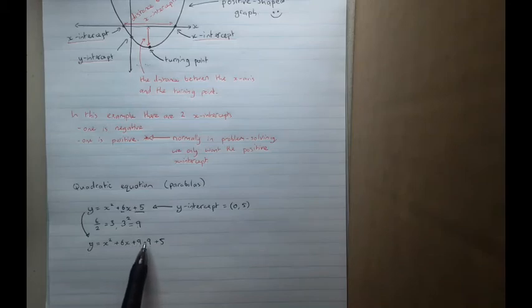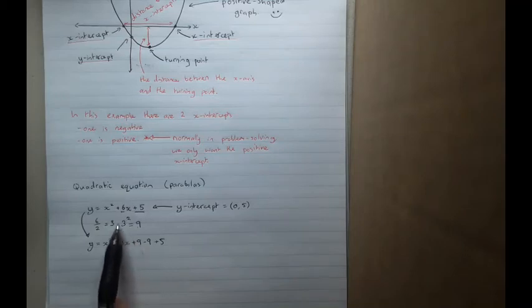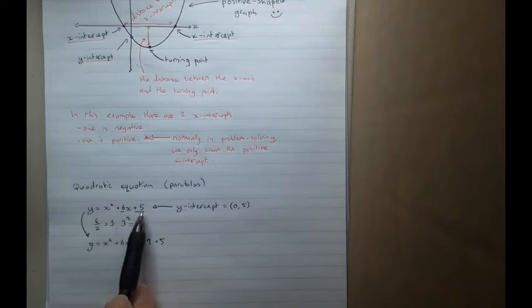Just those two terms. And the reason I do this is because I want to easily be able to factorize the first 3 terms in this new way that I've written it out. And if I add 9, I can easily factorize these first 3 terms. If I didn't have 9 and I just went with x squared plus 6x plus 5, it's a little bit harder to factorize.